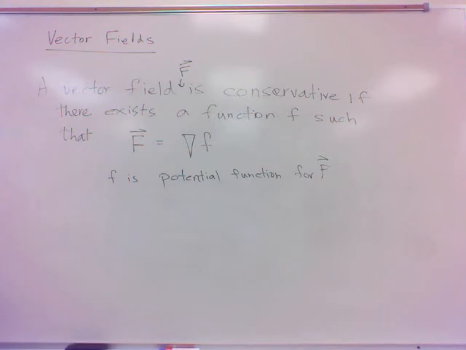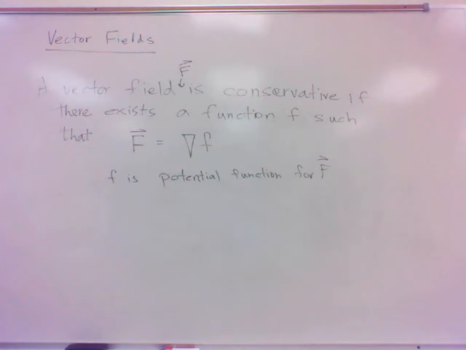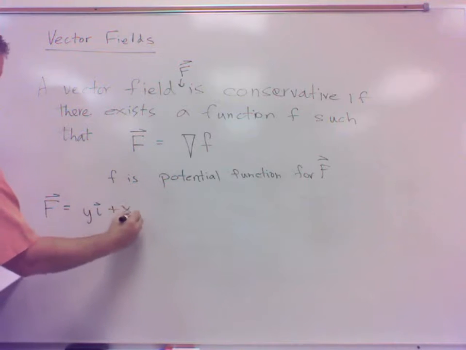So basically what this is saying is big F, vector F, is conservative if it's a gradient of some function. It's a gradient vector field of some function. Just to give you an example, and we'll talk about this more later on, let's say we've got the vector field equals y is the i component plus x is the j component.